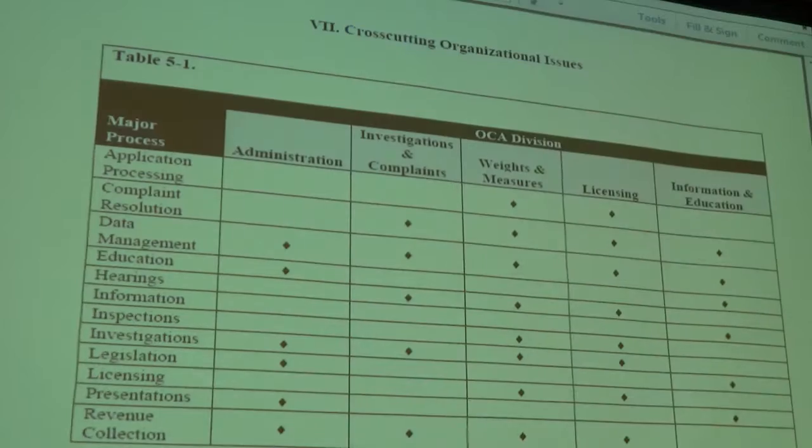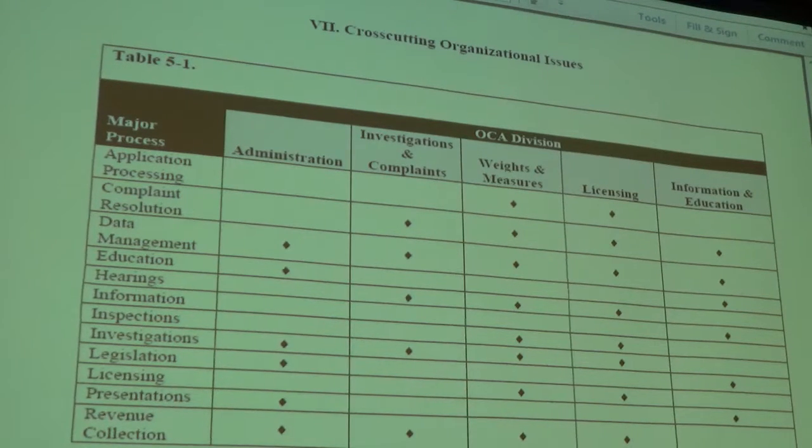So in table 5.1, it's a matrix of how the application process, for example, affects weights and measures, but it doesn't affect the other sections. It shows how the complaint resolution function affects the division of investigations and complaints, weights and measures, licensing, and information and education.